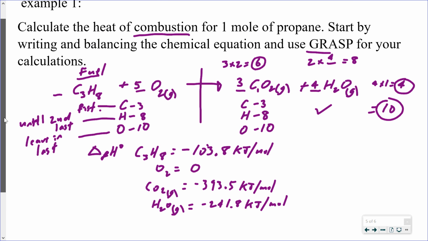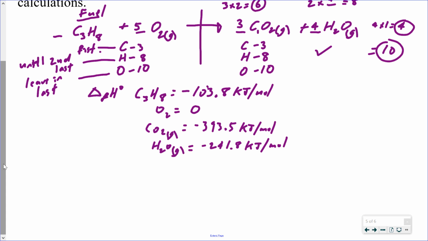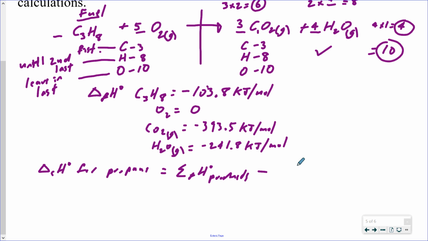So we're trying to calculate the heat of combustion. So the equation that we then have: heat of combustion for our propane is going to equal, I'll just simplify it a little bit here, the sum of the enthalpy of formation for the products, minus the sum of the enthalpy of formation for the reactants.